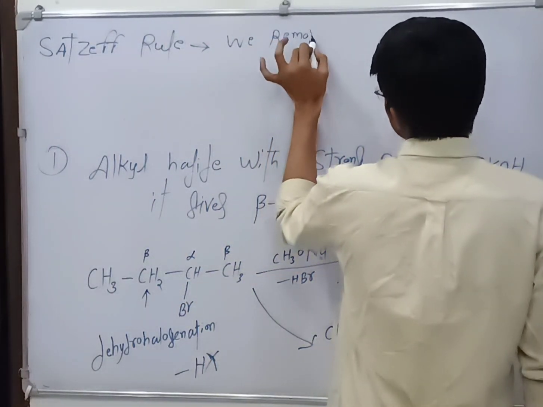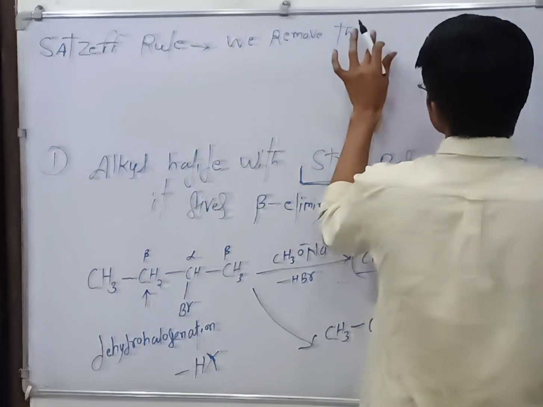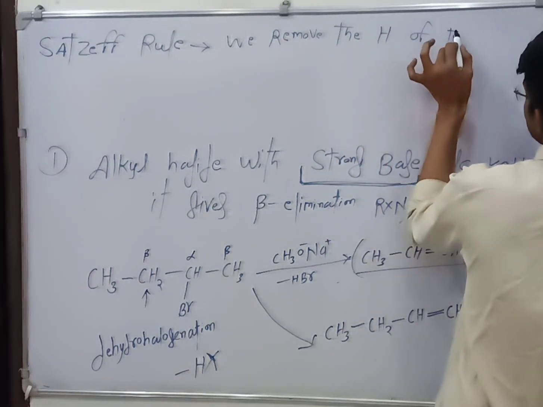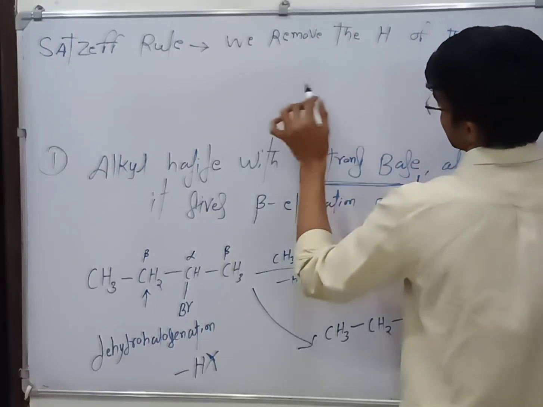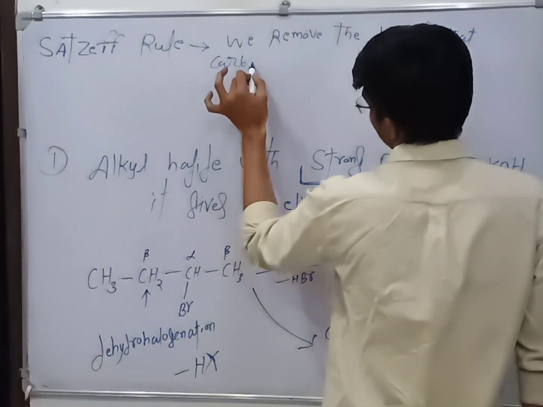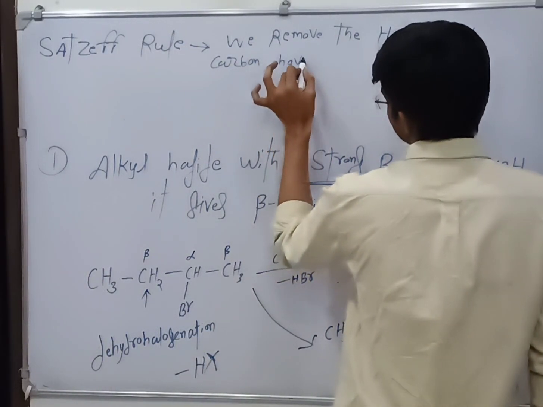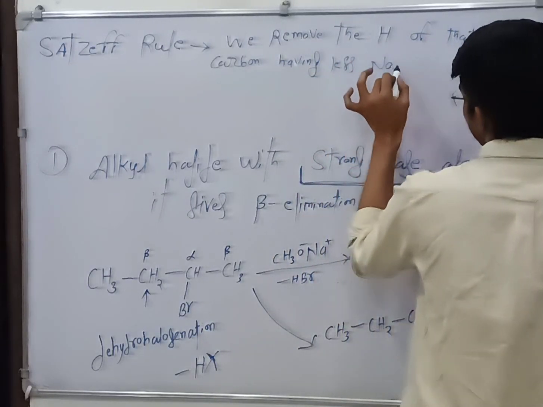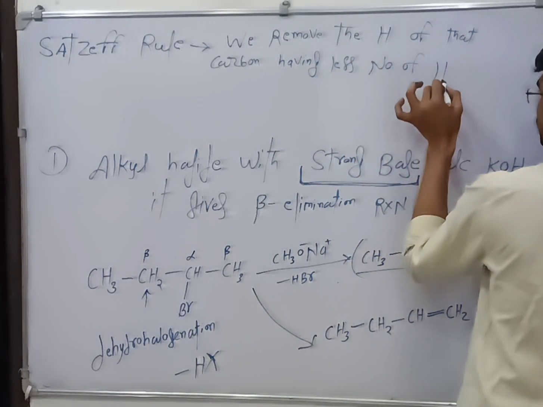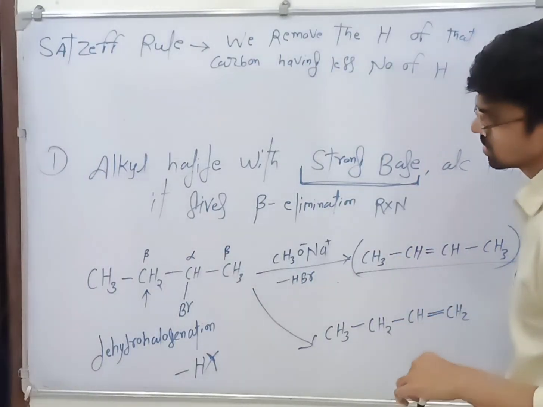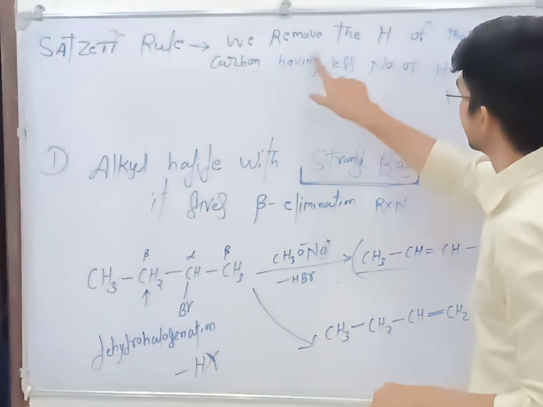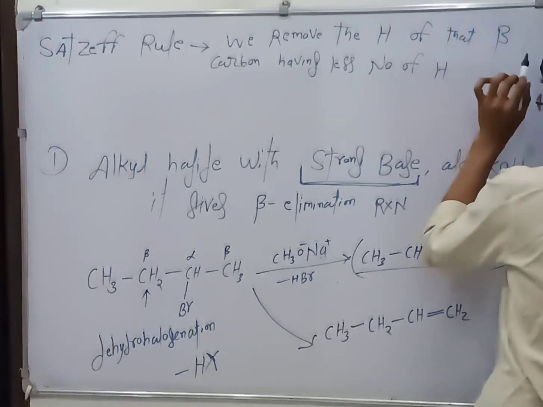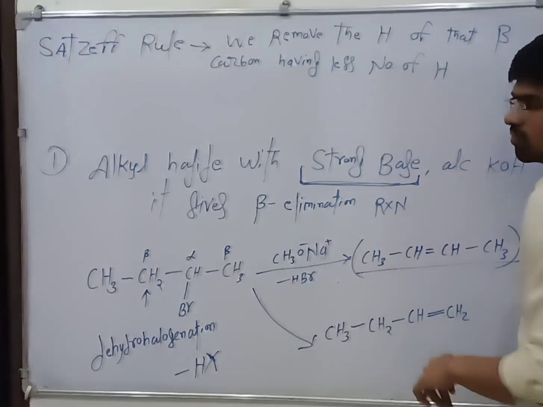That is, here we can see we remove the hydrogen of that beta carbon having less number of hydrogen.